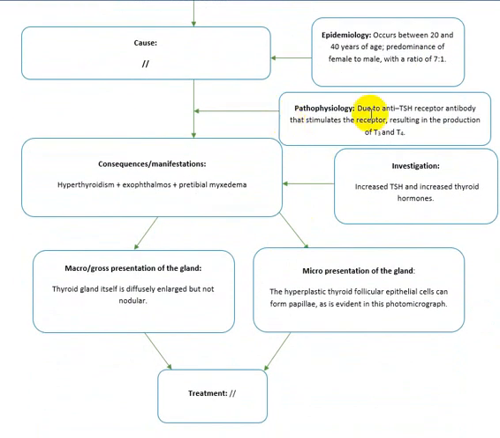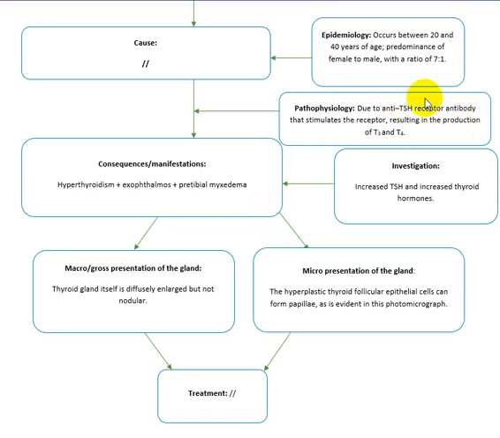Now, the pathophysiology: anti-TSH receptor antibody that stimulates the receptors. So you have anti-TSH receptor antibody that stimulates the receptor, resulting in production of T3 and T4. So with Graves' disease, you are going to have an increased level of TSH receptor antibody.